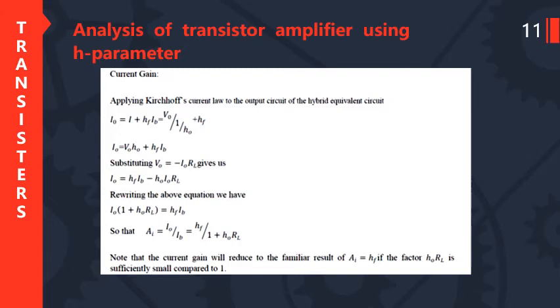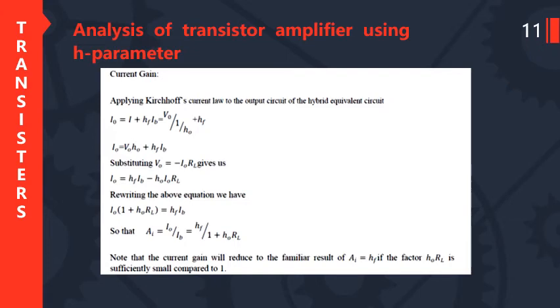Substituting V0 is equal to minus of I0 into RL, so I0 is equal to HF into IB minus H0 I0 into RL. Rewriting the above equation, we get I0 (1 plus H0 into RL) is equal to HF into IB.